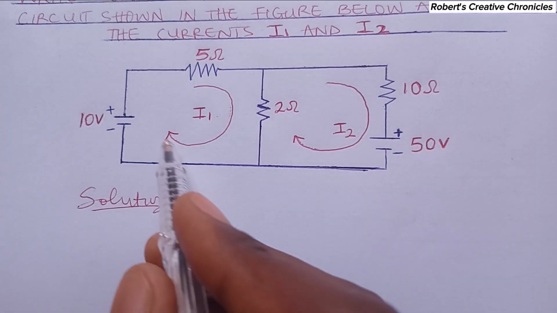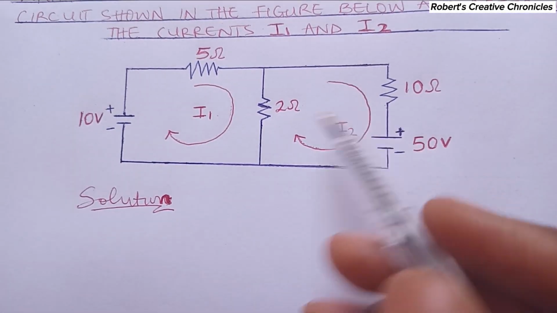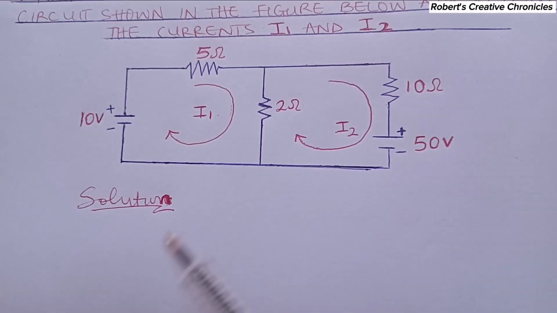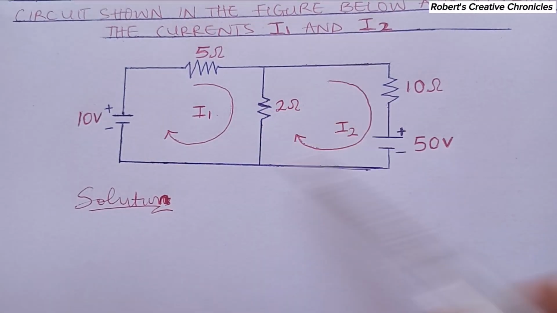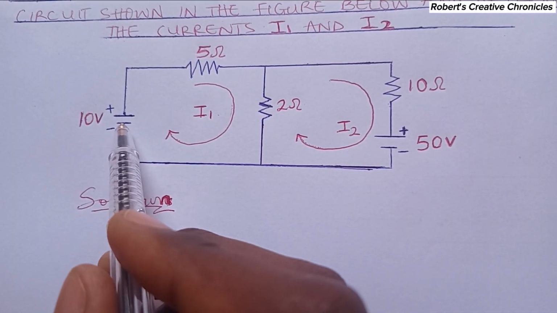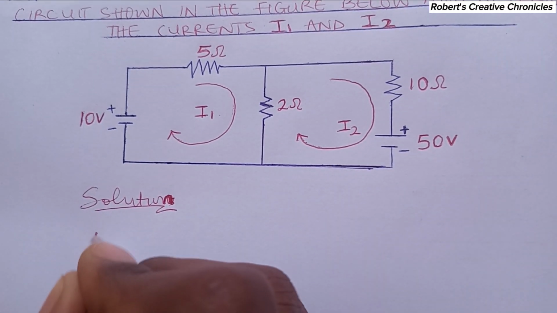Now when we are moving in clockwise direction, you can also assume anti-clockwise for both of them, but we are assuming clockwise. So when we move in clockwise manner from negative to positive, this voltage takes the positive value.